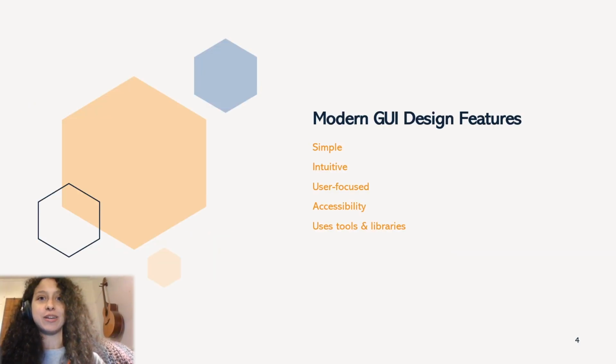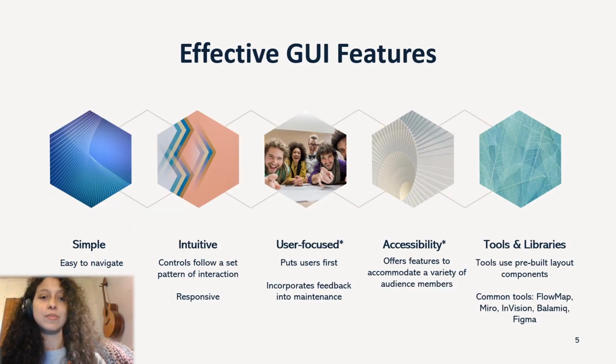Modern GUI design features include being simple, intuitive, user-focused, maintaining accessibility, and incorporating tools and libraries during the development process. Some of the most effective GUI features, again, are simplicity.